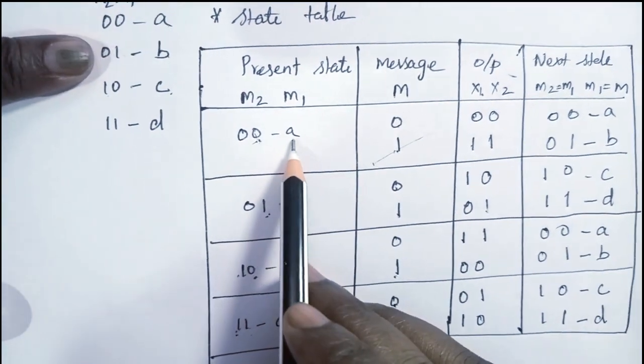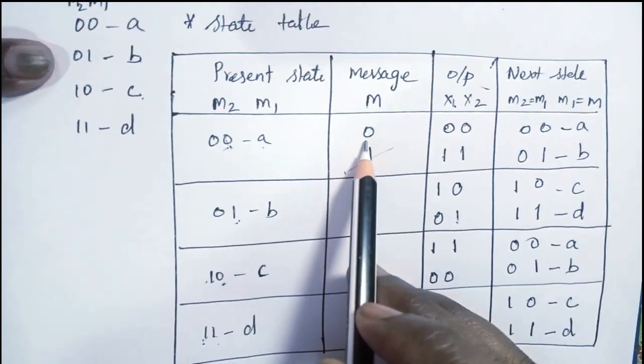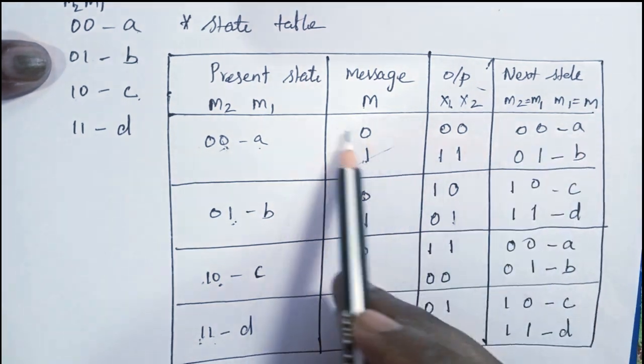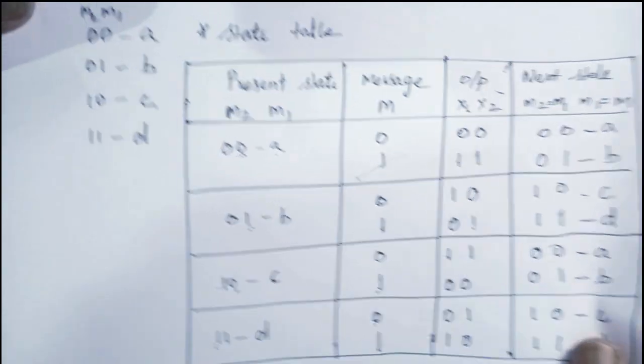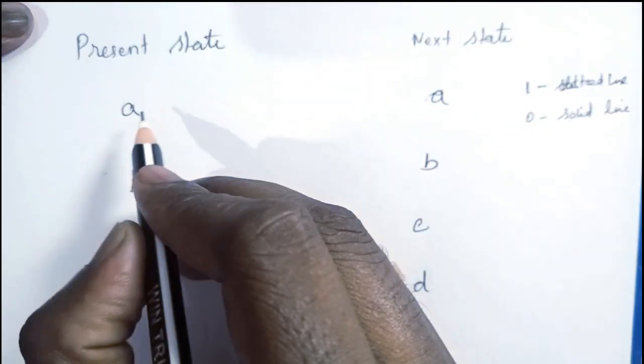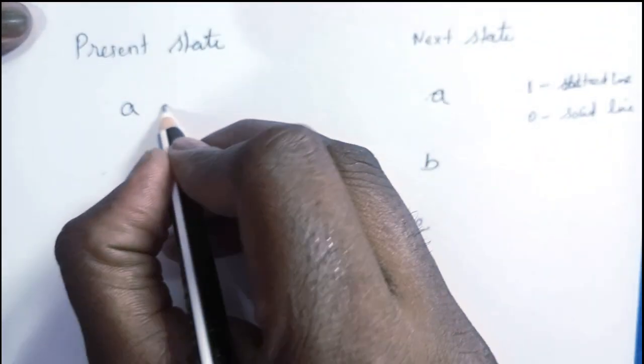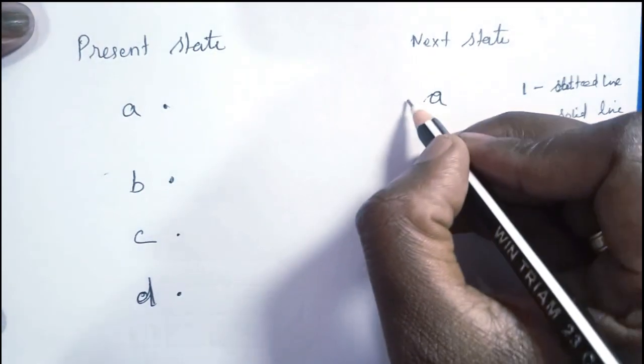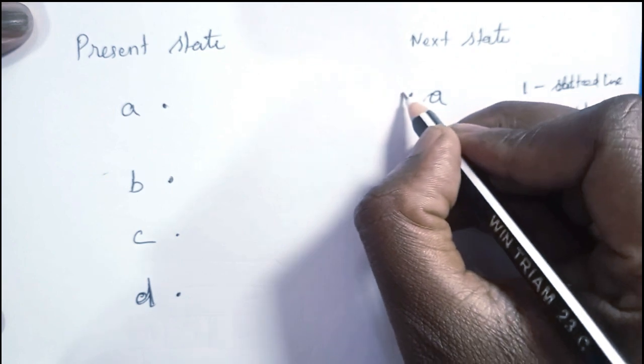So from the table, please tell me, if the current state is A and the message bit is 0, the next state is also A. Let me mark 4 points, it will be easy to mark it down.